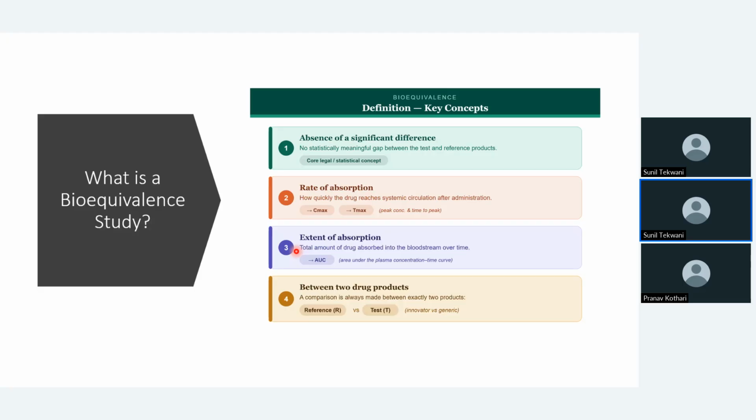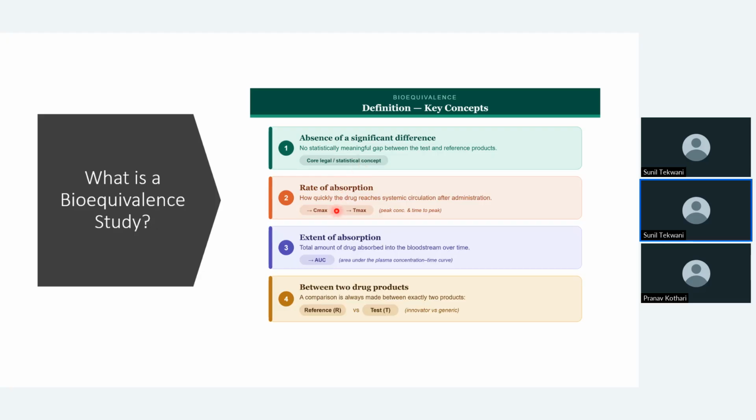So the amount of time and the amount of drug that stays in the blood is known as extent of absorption. And in statistics, we can evaluate extent of absorption through a term AUC, area under the curve. So rate of absorption and extent of absorption are both compared between 2 products.